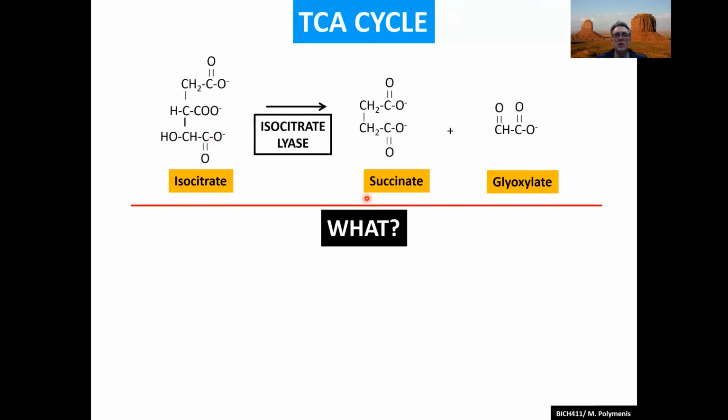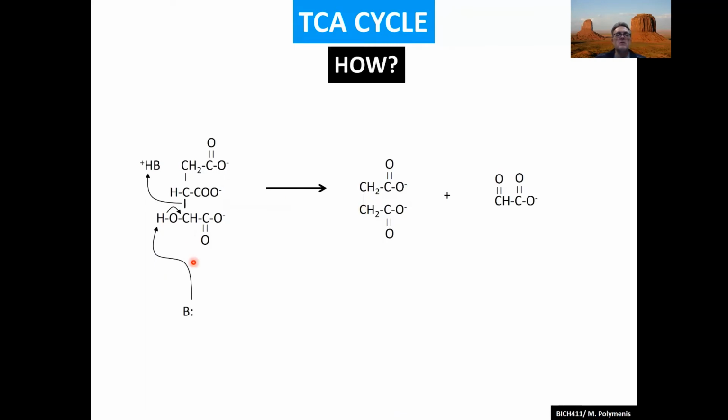It breaks a carbon-carbon bond, and you will see this right here. This is how it's happening. This is isocitrate. Remember, citrate had the hydroxyl group on this carbon, but in isocitrate the hydroxyl carbon is moved one position over, and it's this hydroxyl carbon that will make a carbonyl, so that this compound will break.